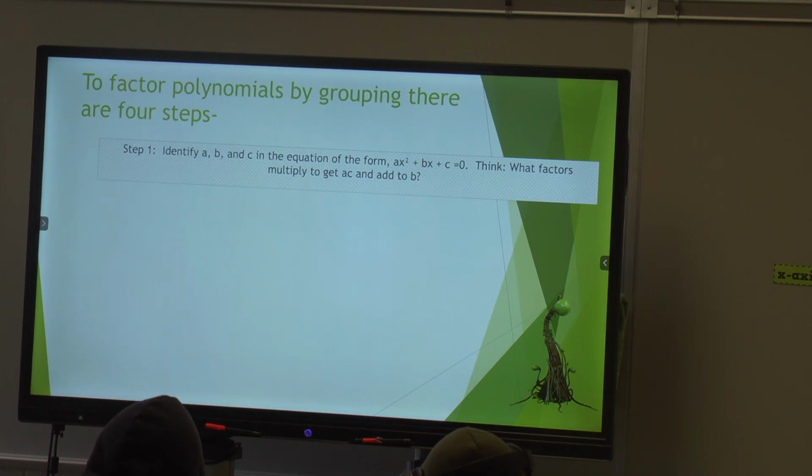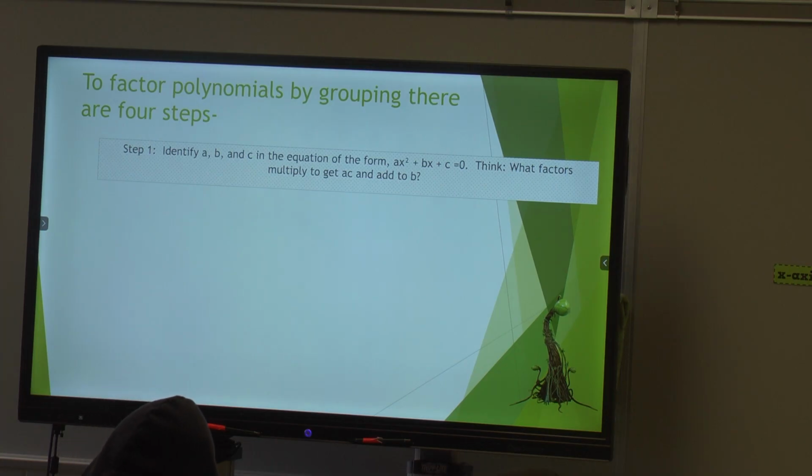Thank you so much. Okay, so it says right here, factor a binomial by grouping. Step 1, we need to identify what is A, what is B, and what is C. From the standard equation form of ax squared plus bx plus c, it's basically the first one, the second one, the third one.